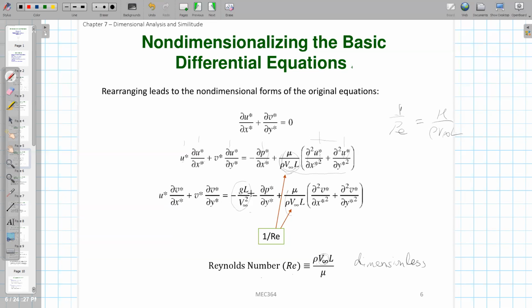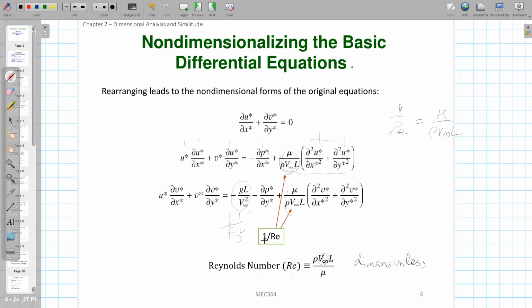So for the y momentum equation, you have an additional term for the gravity force, and this term is also dimensionless, g times L over v infinity square. So this term also forms another dimensionless parameter, which we will introduce later. It is called the Froude number, Fr square over 1.